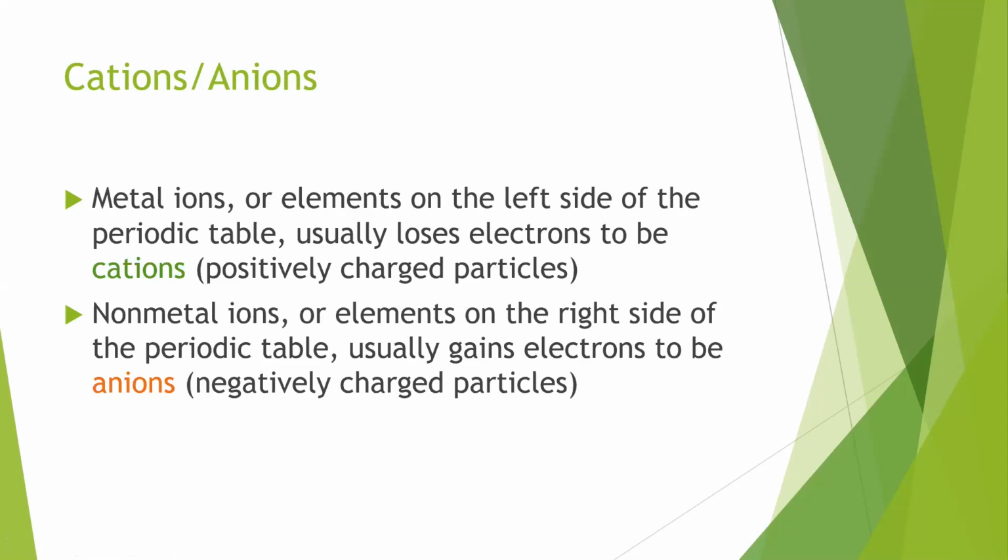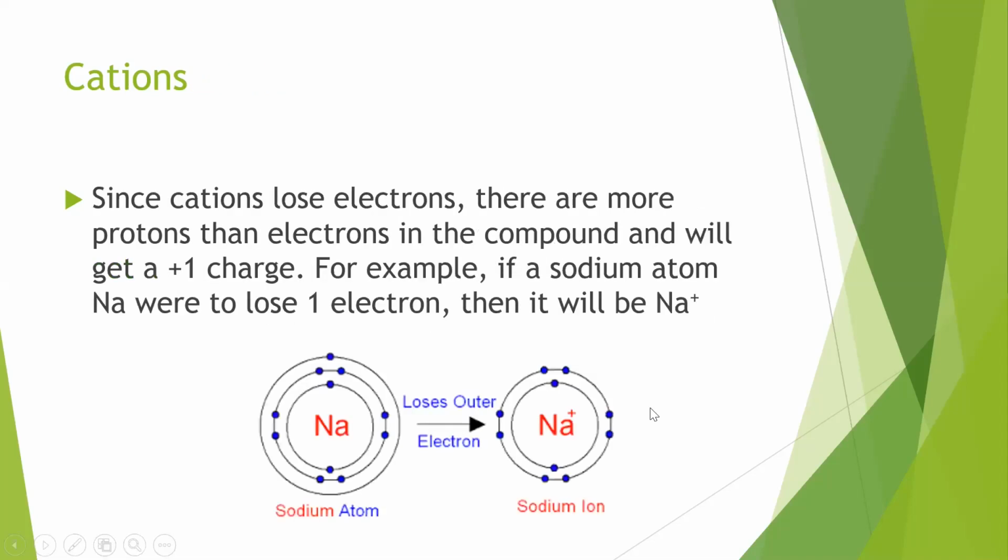On the other side, nonmetal elements on the right side usually tend to gain electrons and become something called anions, which are negatively charged particles. So we're going to go more into cations.